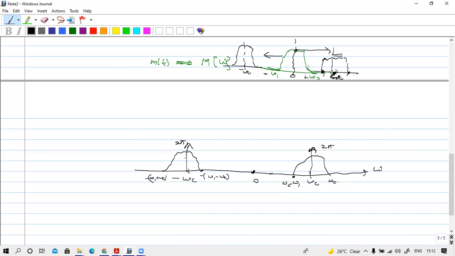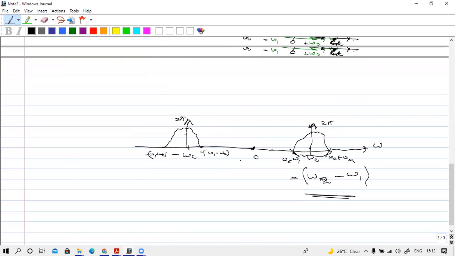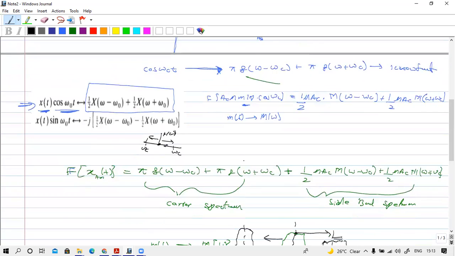This point is omega c plus omega 1. So you will get this kind of spectrum. The bandwidth of the AM signal we consider as the difference between these two, omega 2 minus omega 1. So this is the frequency domain representation of the AM signal.